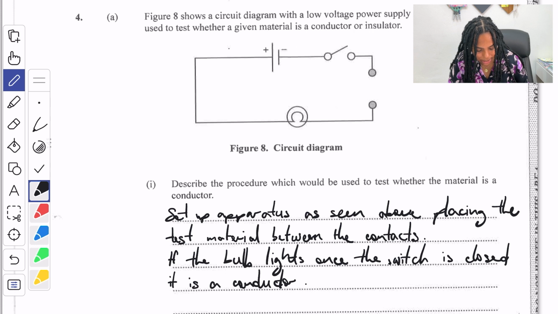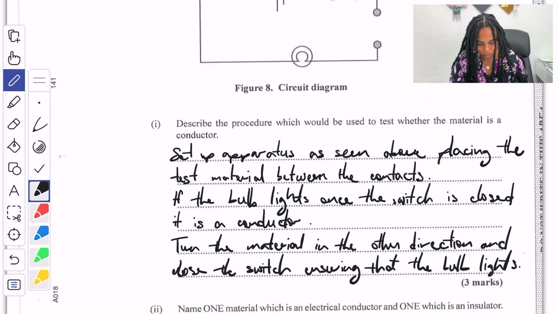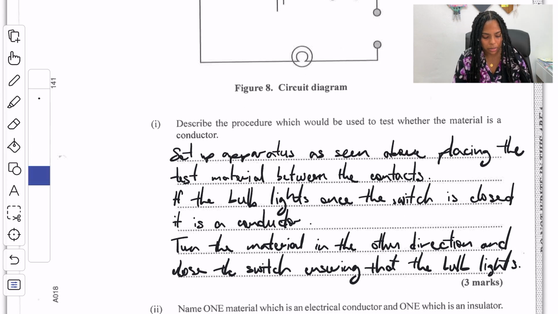Then I would say turn the material in the other direction, and close the switch again, ensuring that the bulb lights. So I would just say put it both ways.